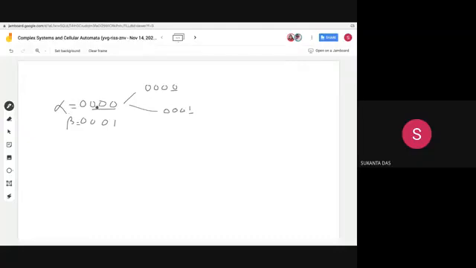So from alpha, if I shift and put any value in that position, I can get 0, 0, 0, 0 and 0, 0, 0, 1. Similarly from beta, I can get this: 0, 0, 1, then this position I can put 0, and here 0, 0, 1, 1.